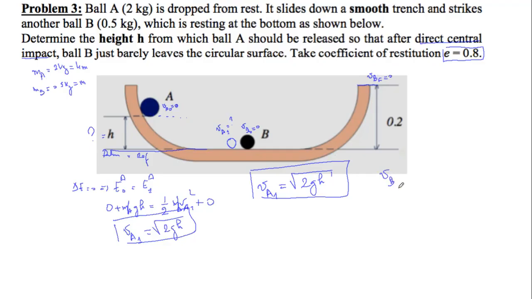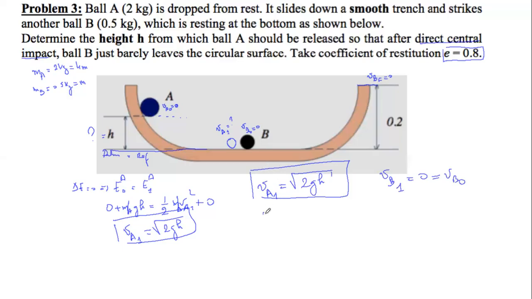What is the velocity of B before collision? It's at rest. That's what I call VB1. Now I have a direct collision, or direct impact, between A and B. I will have conservation of momentum.